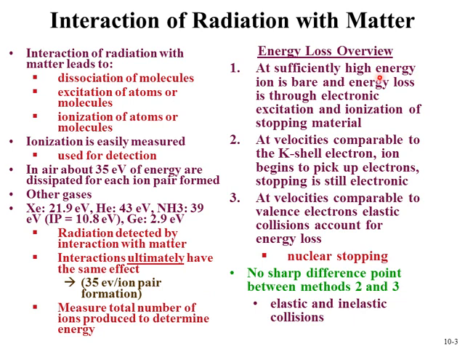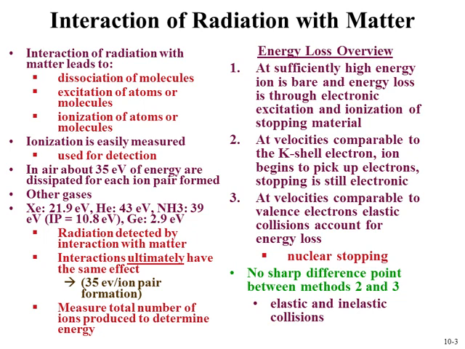So there are three commonalities with radiation interaction, and this overview provides these commonalities. At high enough energies, the ion is bare. So for instance, if it's an alpha particle or a proton, and energy loss is through electronic excitation and ionization of stopping material. So if something is highly ionized and it goes through matter, it'll take off electrons from that matter.